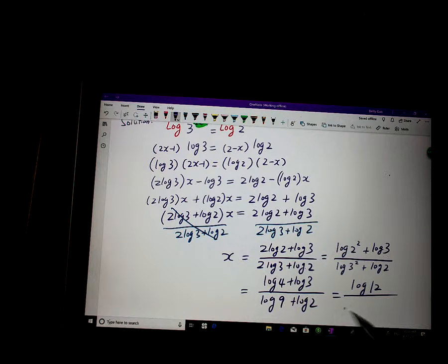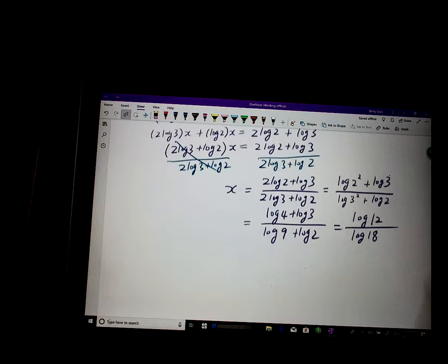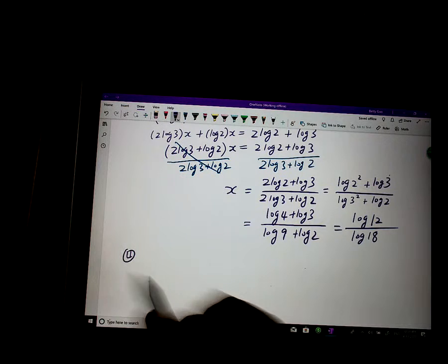Same thing on the bottom. Add them up. We have a common logarithm of 18. And then you use your calculator. You would have the same decimal approximation as the answer in my notes. That's number 3. Let's move to number 4.